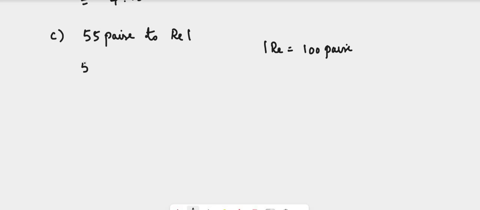So 55 paise is to 100 paise. Paise will get cancelled. So here the table of 5 is possible: 11 times, 20 times. So 11 is to 20. That is the ratio of 55 paise to 1 rupee, 11 is to 20.